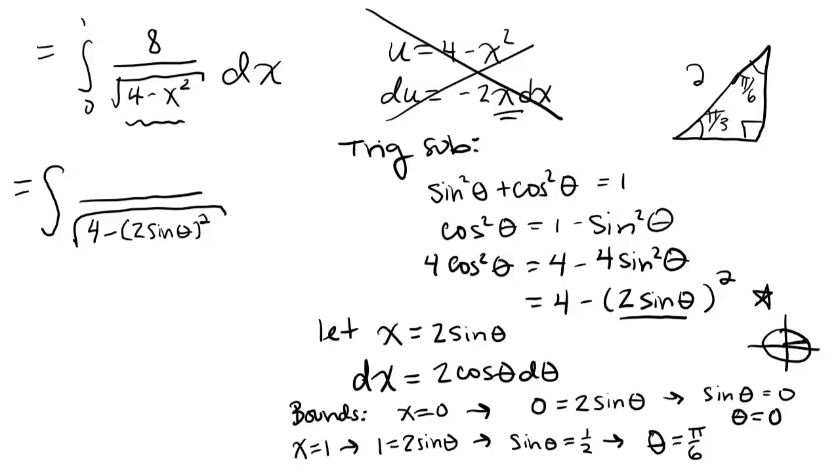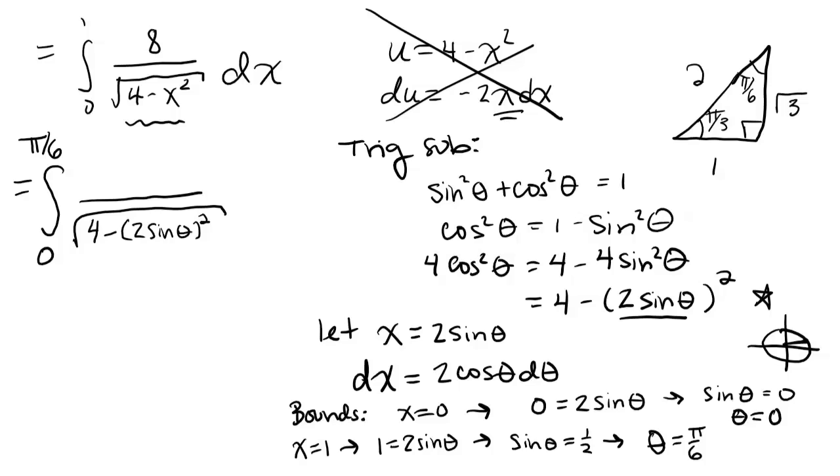So we would have side lengths 2 and 1, and then we can solve for the other one, which is square root 3, because 1 squared plus square root 3 squared would equal 2 squared, which equals 4. Then sine is opposite over hypotenuse, so sine is 1/2. So my new bounds are going to be 0 to pi over 6.